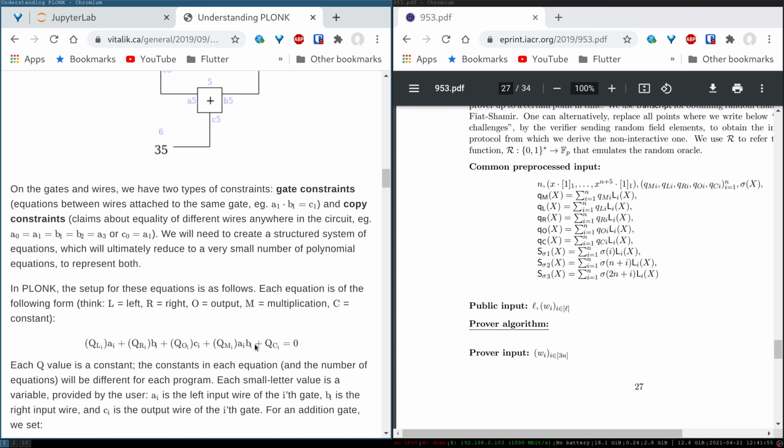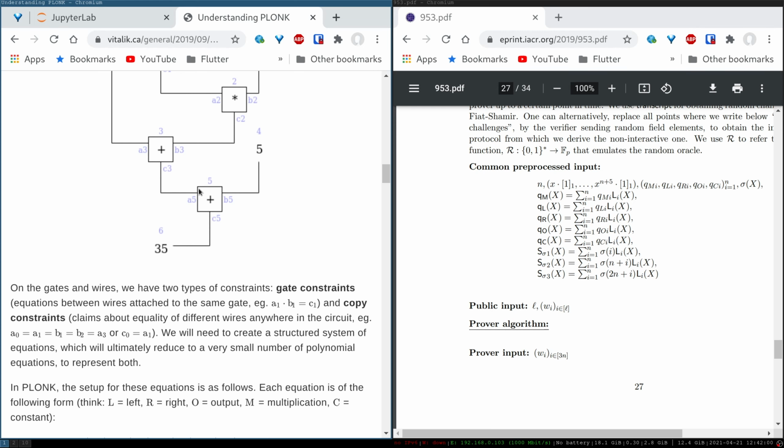And finally, if you want to add a constant, you can have the constant in QC. So actually here, these 2 gates can be combined. We can do QL equal 1, QR equal 1, QO equal minus 1, and QC equal 5.